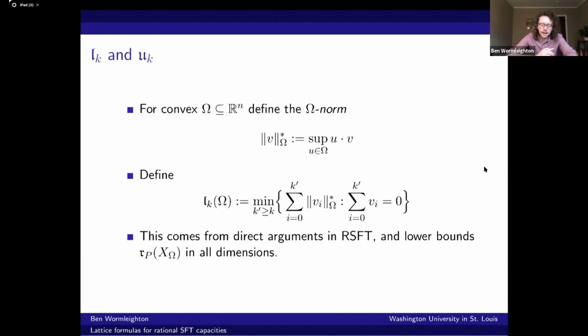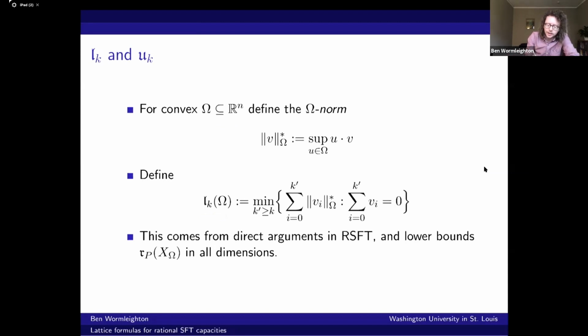Let me make some definitions and then show you the big picture of how everything fits together. For a convex set Omega in R^n, we define the Omega norm of a vector v in R^n, which is just the largest value you get by dotting things in Omega with v. Then L_k is quite easy to write down.